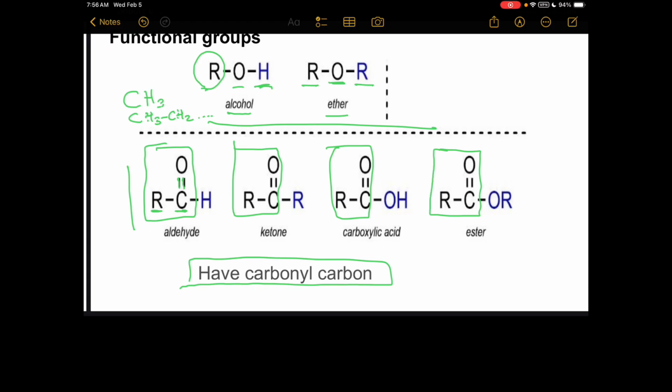What is on the right will determine what that molecule is. If that's only H, we call it aldehyde. If that's another R, that will be ketone. If it is OH, that will be carboxylic acid. And if it is OR, that will be ester.